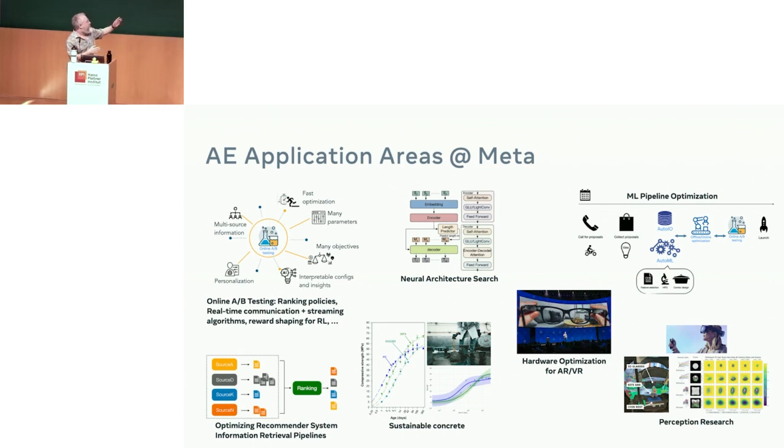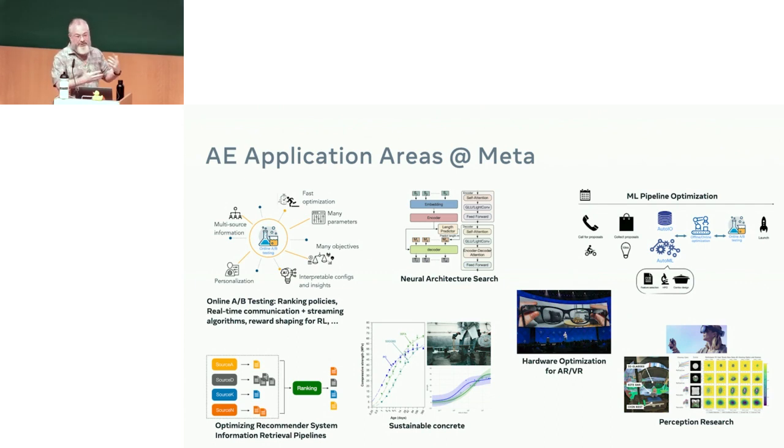And then we also work on a number of other more diverse projects, like developing sustainable concrete. So we're working with people in academia and at the data centers to try to come up with concrete that emits low levels of carbon dioxide into the air, but is also really stable. So we do some ML for science. We also do other ML for applied science, so designing hardware with Bayesian optimization.